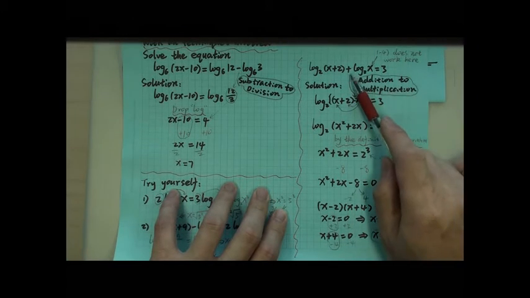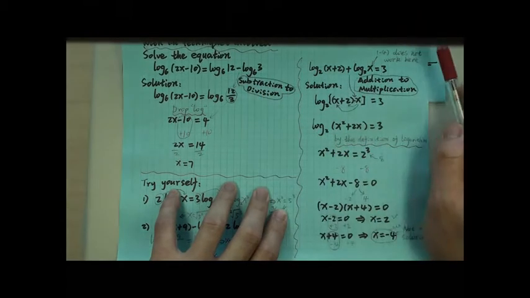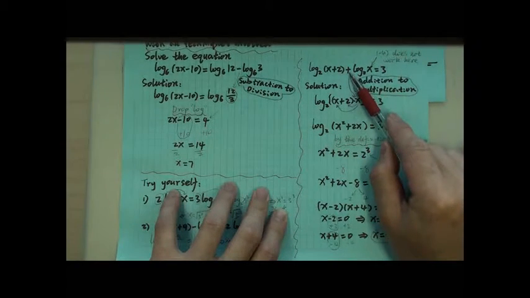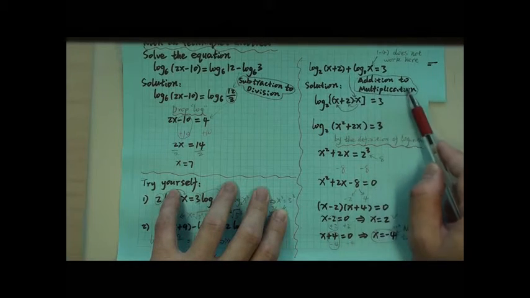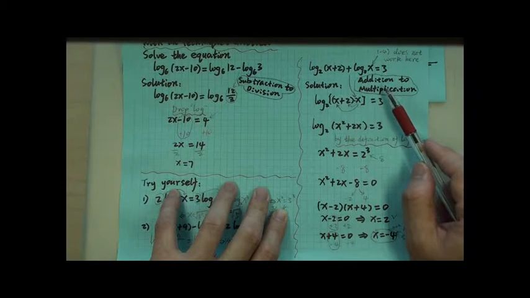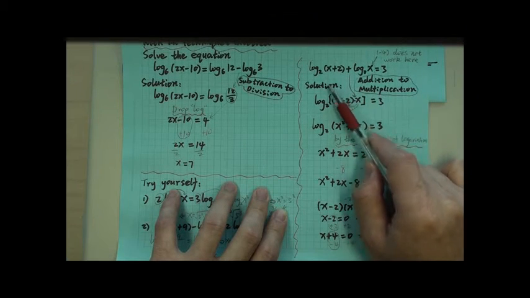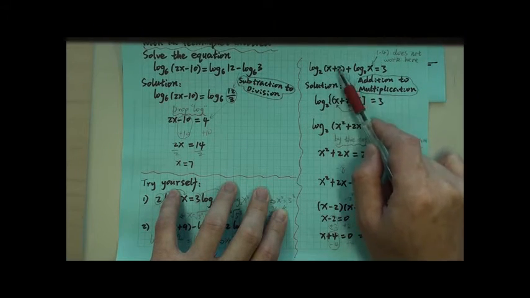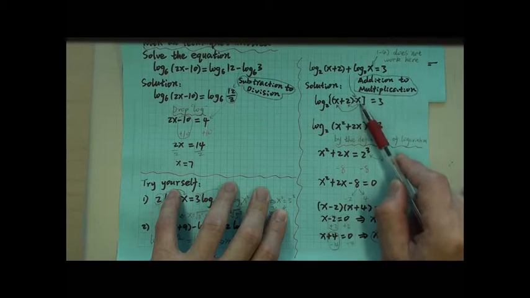Here is addition. Here was subtraction. So for addition, you can change addition to multiplication. Then you will have log base 2 of the quantity x plus 2 times this x.